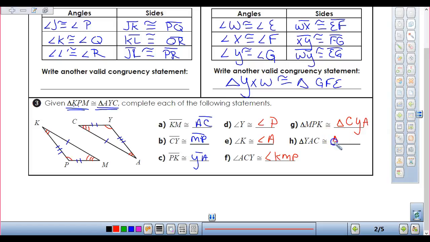Triangle YAK is congruent to triangle PKM. Questions?